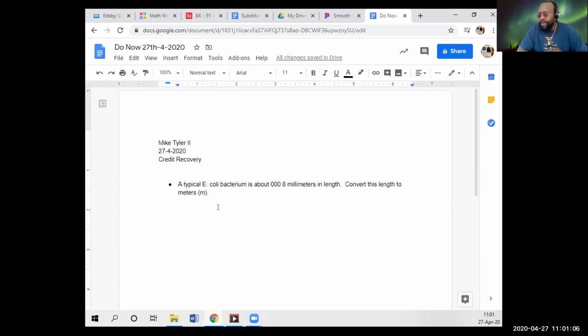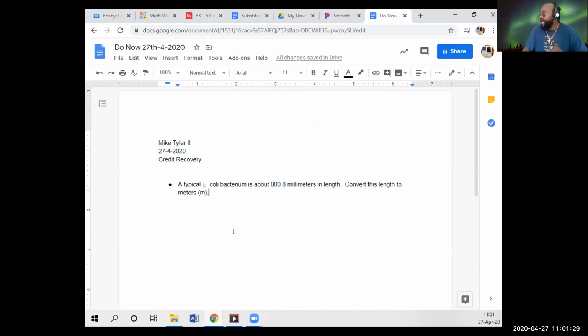So how does that look when we get it out? Well, you start just like I did with your age calculation. You take whatever you want to convert, whatever value it is, its measurement or dimension, and you put it over 1. So let's do that. This is 0.0000.8 milliliters, and that's the length.